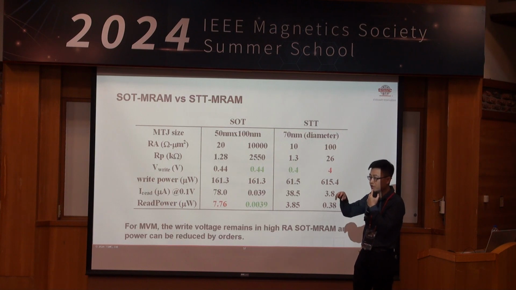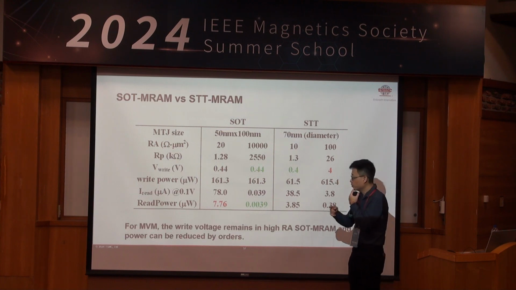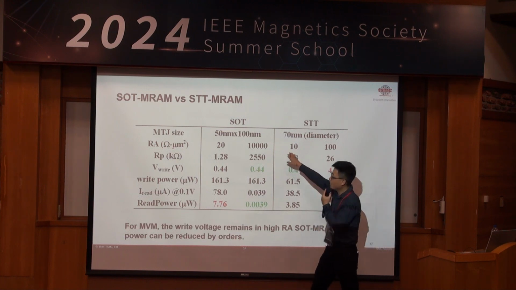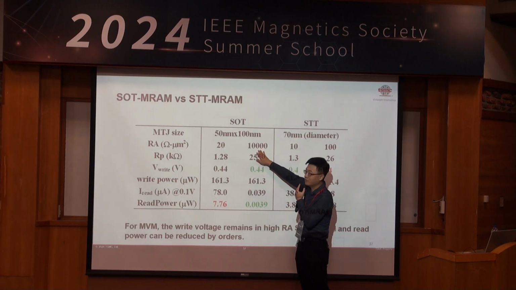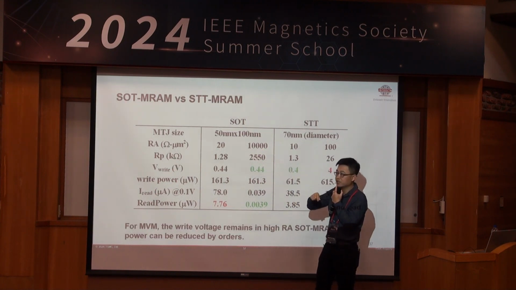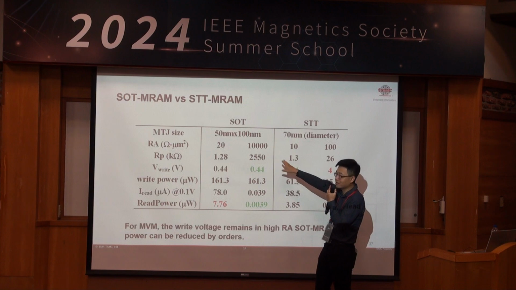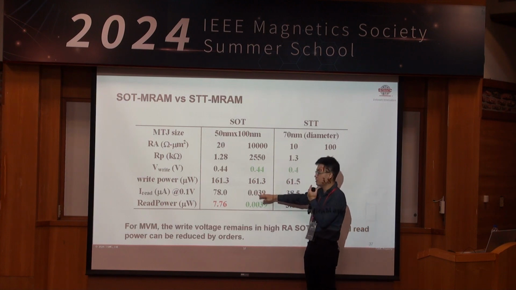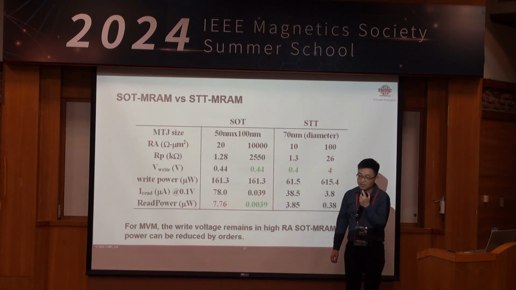We are aiming to achieve some certain value. That's a good point, because if we increase the RA by like 500 times or 3 orders, then the read speed will become very slow. That's true. So if you use it as a conventional memory, you do not really gain so much benefit in the read energy. That's true.